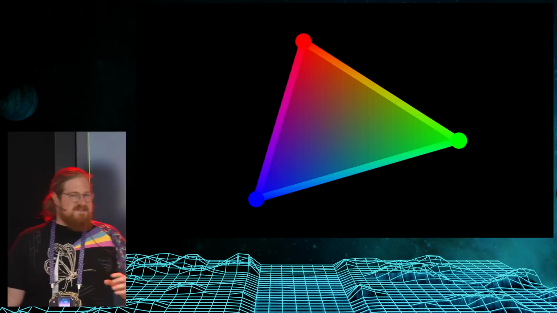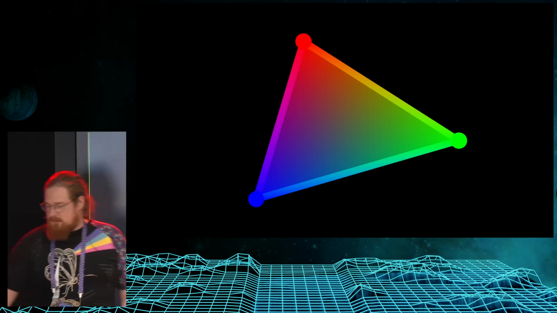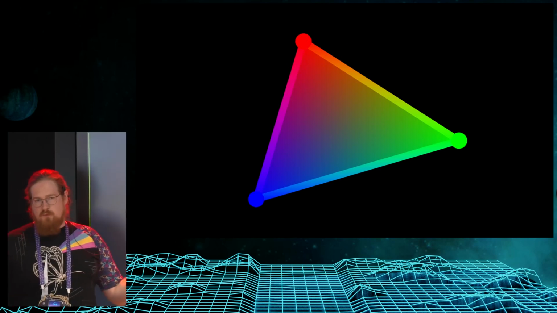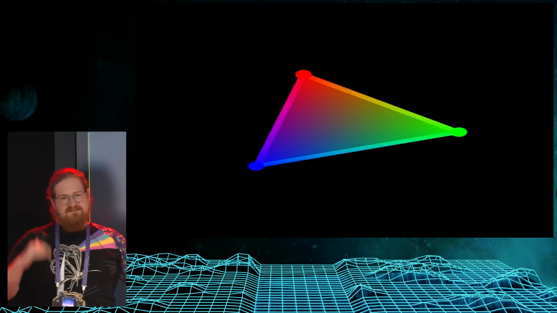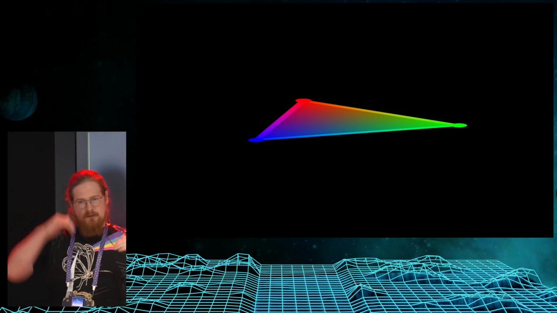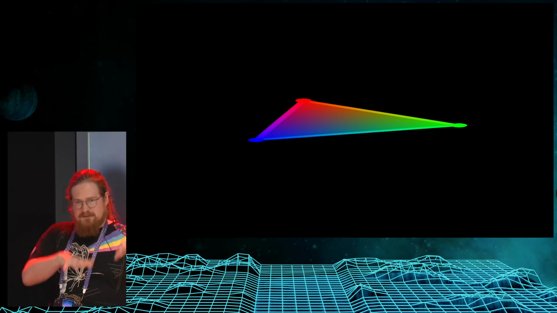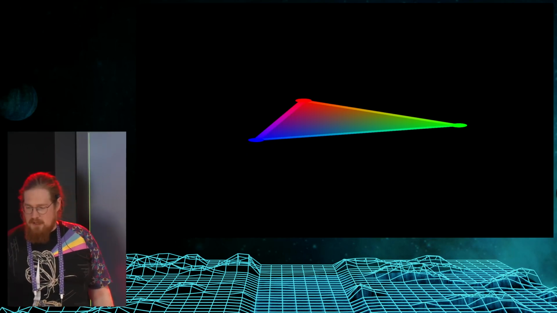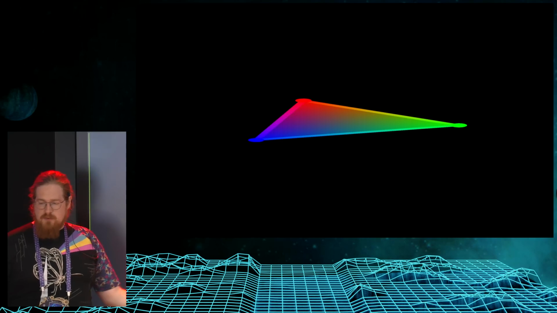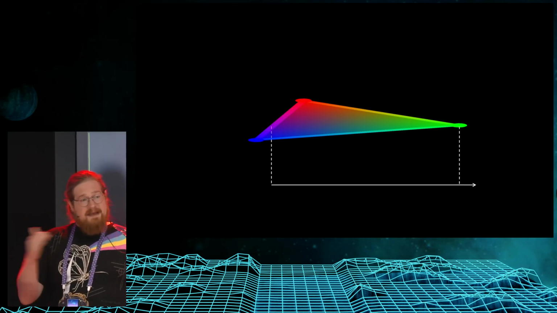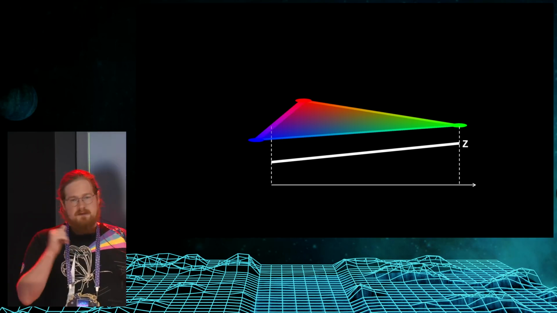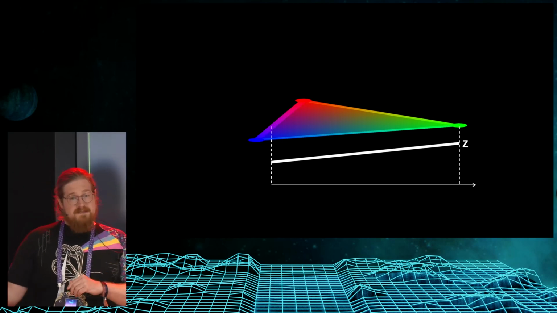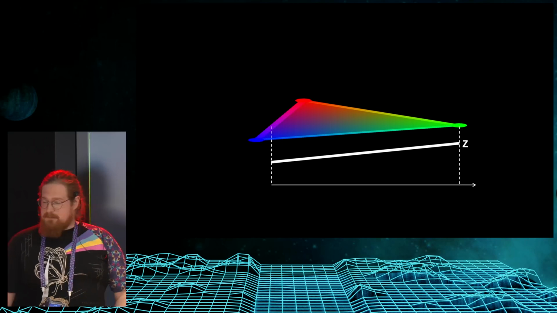But we can be a little bit smarter about how we do these calculations. So remember that a triangle in 3D is always a flat surface. It can be angled, of course, but it will always be a flat plane in 3D. Which means that if you look at any point, there will always be a constant gradient along that, that's in the z-axis, in the depth.